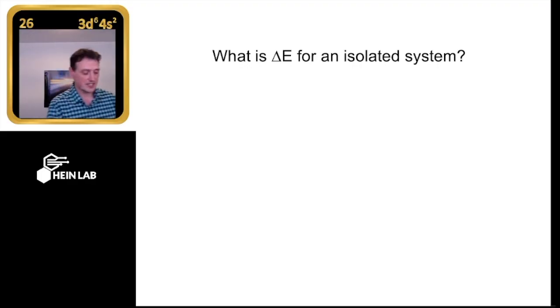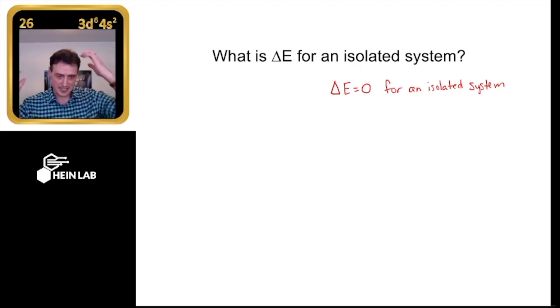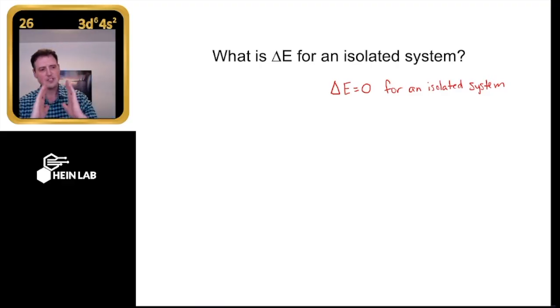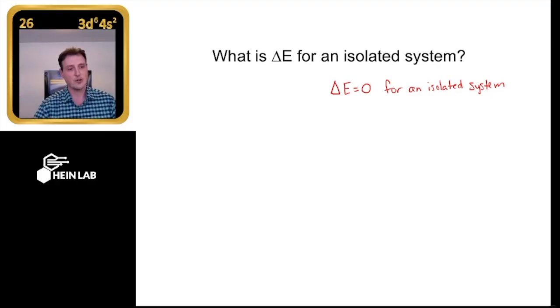It has to be 0. For an isolated system, remember, what was the definition of an isolated system? What cannot change in an isolated system? Yeah, no loss of energy, no loss of matter. For a system to be perfectly isolated by its definition, it cannot undergo a delta E. There's no loss of energy because it cannot escape the system.